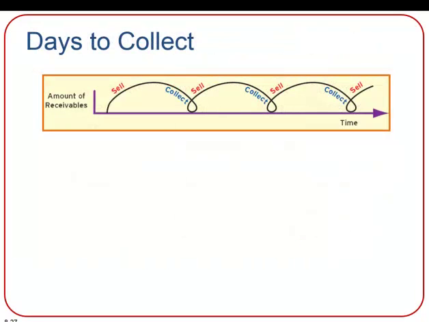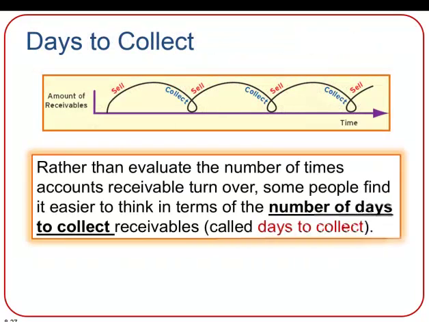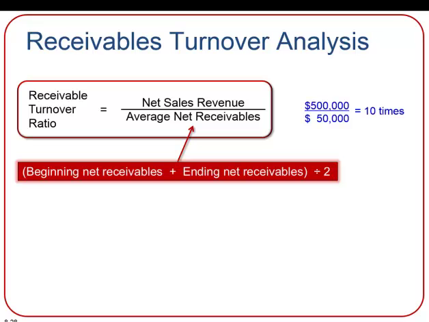Rather than evaluating the number of times accounts receivable turnover happens during a year, some people find it easier, at least I do, to think in terms of the length of time in days it takes to collect accounts receivable. In this case, we're going to call this ratio the days to collect. So here we see the actual ratios.